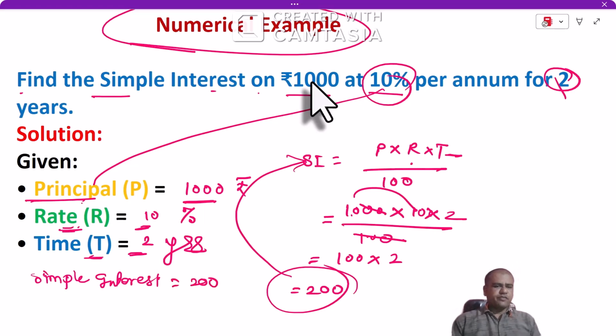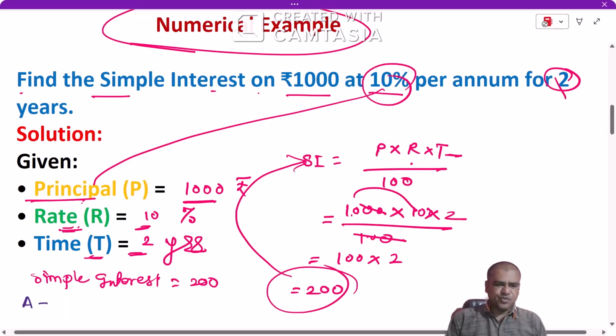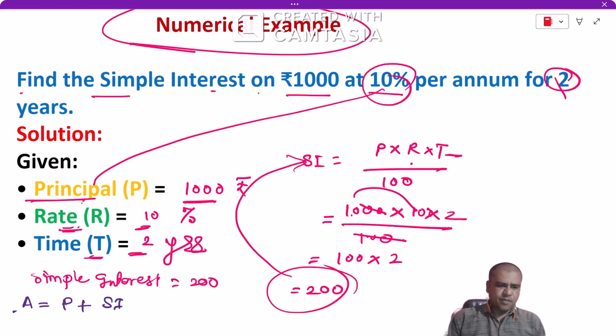Now we have to find the amount. We know the formula of amount: A equals P plus SI, where A is the amount, P is the principal and SI is the simple interest.